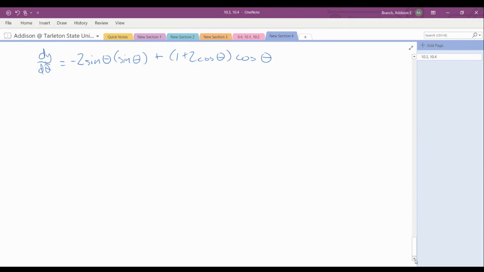We can plug everything in, so we get negative 2 sine pi over 3 times sine of pi over 3 plus 1 plus 2 cosine of pi over 3 times cosine of pi over 3.